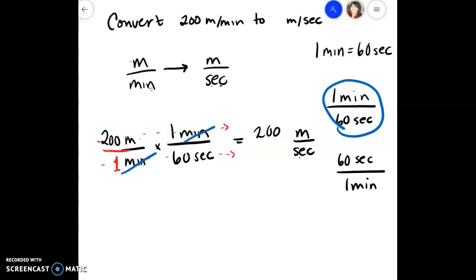So 1 times 60 is 60. Now I'm left with 200 over 60 meters per second, which is correct. But I want to reduce the fraction or write it as a decimal, depending on what the question asks me to do. So 200 divided by 60 is 3.3. It's a run-on decimal. So 3.3 meters per second would be my answer.